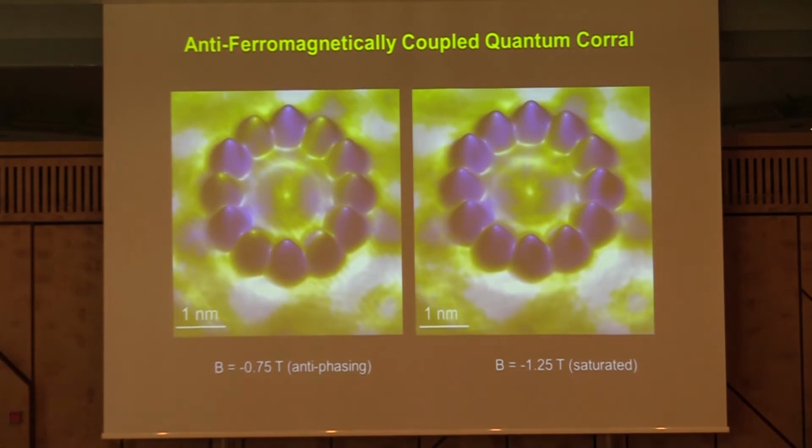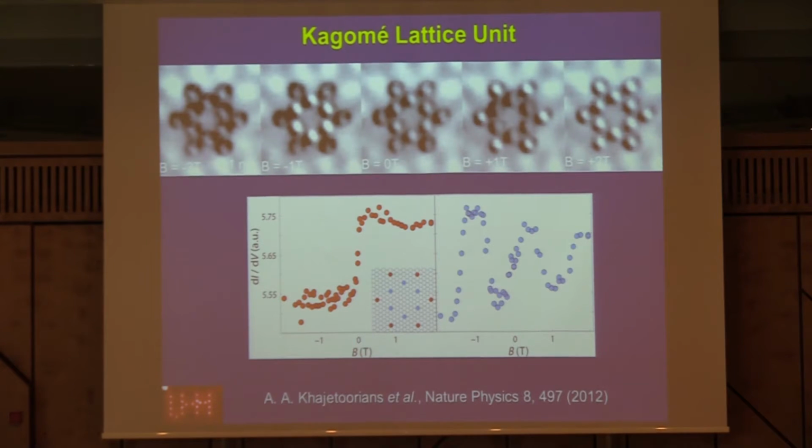Once you have understood this, you can go to more sophisticated structures, quantum corrals made up of antiferromagnetic arrangements of iron atoms on copper. Again, you can go to the ferromagnetic version, but in higher fields. You can build up unit cells of Kagome lattices or also extended Kagome lattices based on antiferromagnetically coupled atoms.